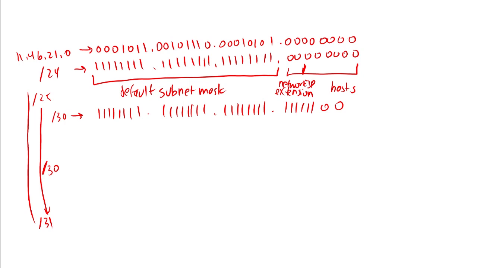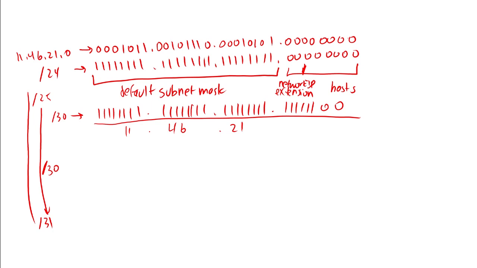Now I'm going to use my mask, so I'm going to bring this portion down. So this is 11.46.21, which I already know because I rewrote this. We're just rewriting the binary and converting it. If I wanted to, I could do it again.